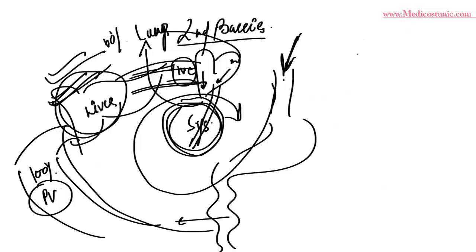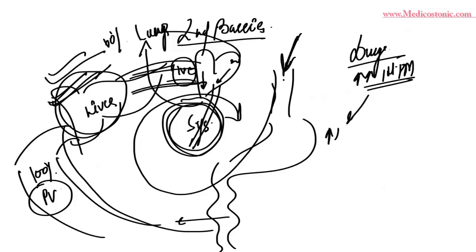Now let's suppose that there is a drug which has high first pass metabolism. Because of the high first pass metabolism, the physicians like to give this drug in high dose.